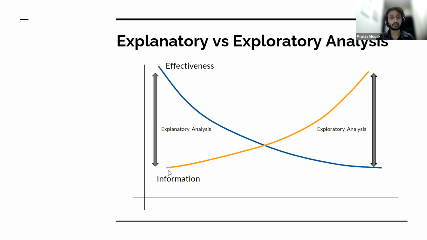But as you start throwing in more information on your chart, the effectiveness will gradually start reducing, and you start entering the exploratory analysis space, where it's just more for the analyst to understand what the data is, but it's not for a decision maker to get insights.